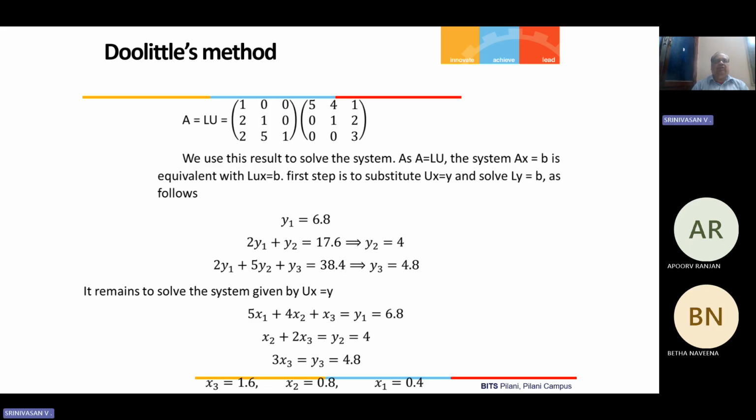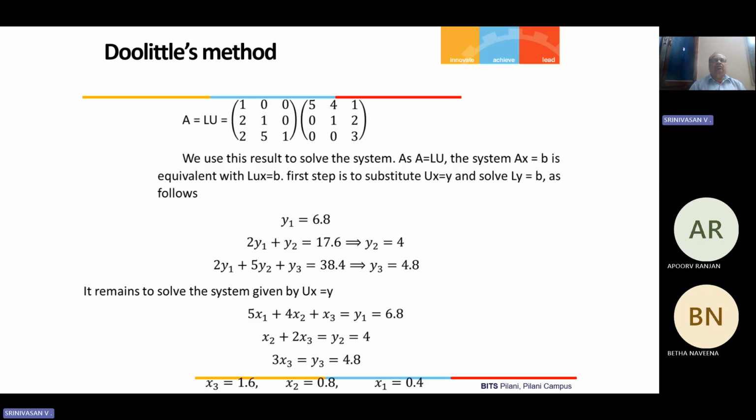So this would mean, what is your U, 5, 4, 1? You just look at where U is here, isn't it? So this is your U. So you will get now 5x1 plus 4x2 plus x3 is equal to y1, that is 6.8.